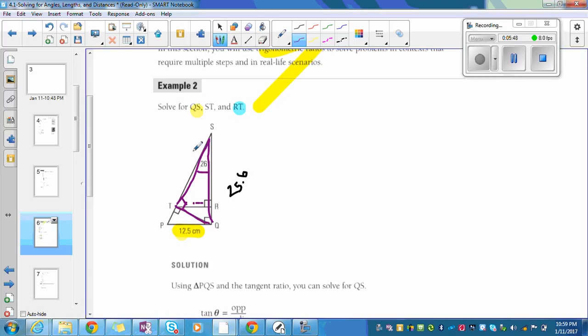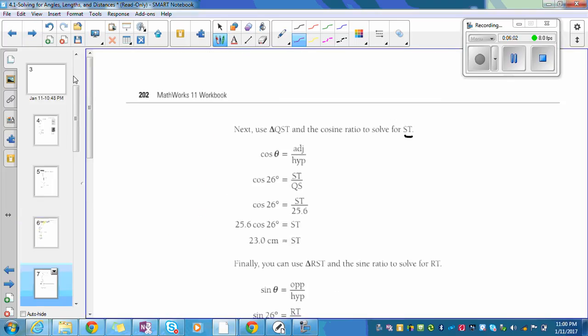We're looking at ST, which is this length over here. That's adjacent to the 26, and this is the hypotenuse. So we're dealing with cos. The cos of 26 is equal to our adjacent side, our unknown, divided by our hypotenuse, our 25.6.